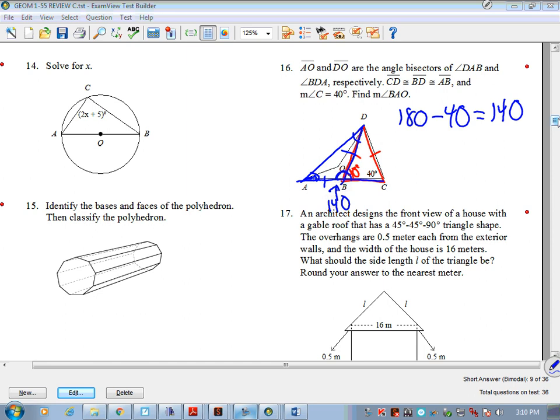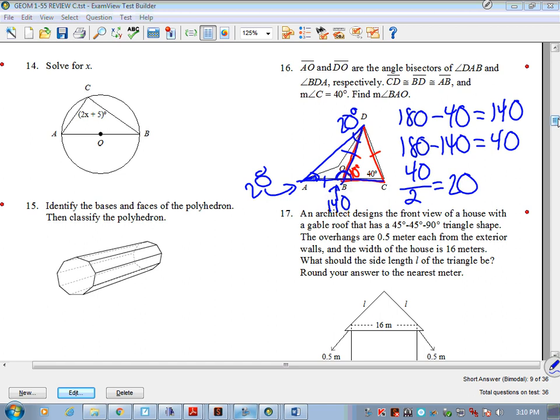If I have 180 degrees and I subtract 140, I'm left with only 40 degrees for those two angles to share equally. So I take 40 divided by 2, and they each have 20 degrees.